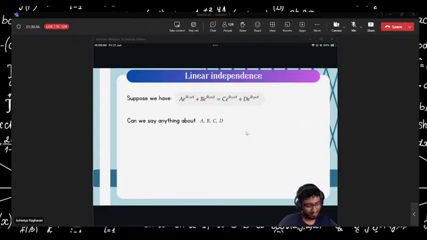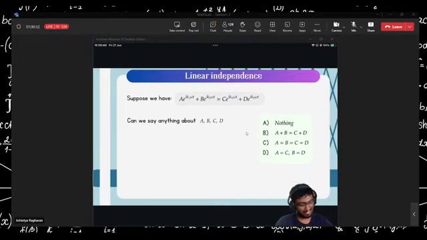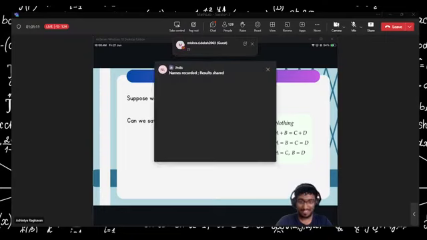Chat wants a poll. Will you please show the forced oscillator? Okay guys, have a look at this. I'll do it after that. Just give me a second. Oh, it's multiple correct, sorry, I didn't put that.